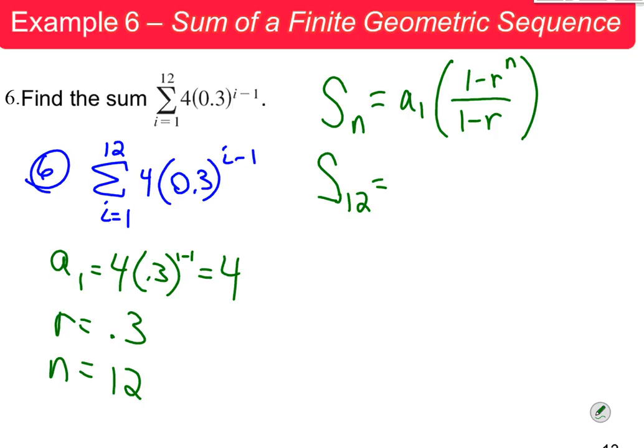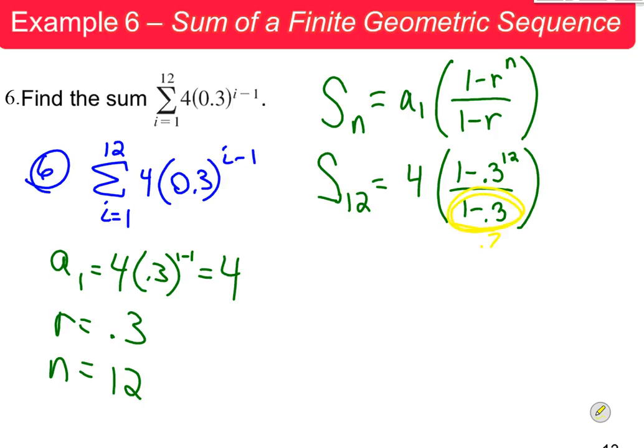So S sub 12 is a sub 1, which is 4, times 1 minus 0.3 to the 12th, over 1 minus 0.3. That's how I write it to begin with, but when I'm actually doing the problem, what's 1 minus 0.3? 0.7.